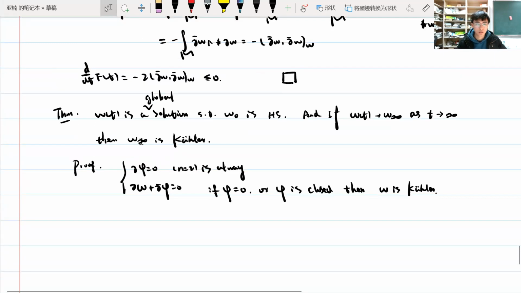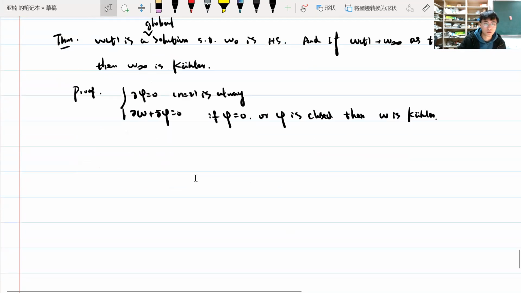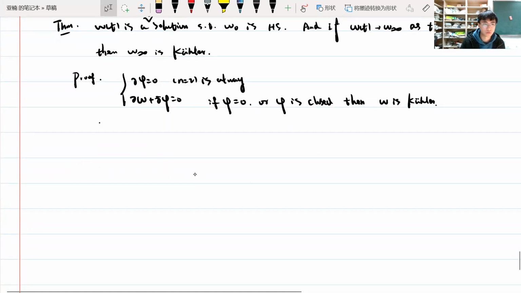Actually, we can show that the limitation of phi is 0, because we have F_t as this.